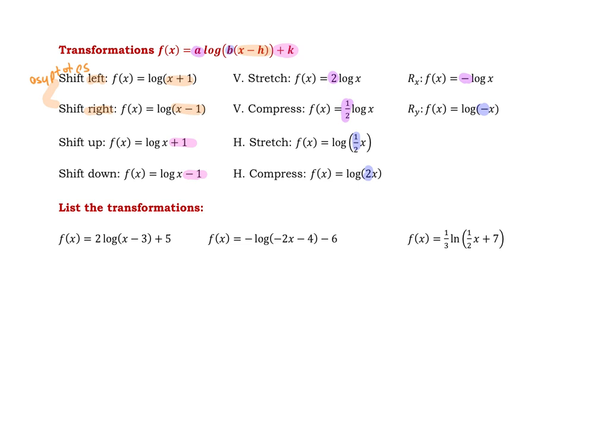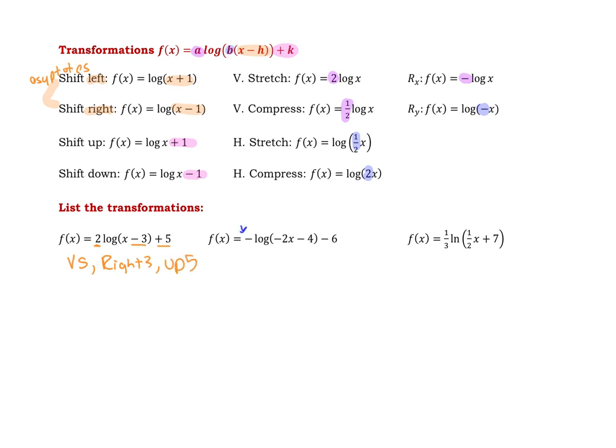Okay, so now let's just put it to use. Let's take a look. This first one, I have a 2 on the outside, so that's a vertical stretch. Then I have a -3 on the inside, so that's right 3, and then outside I'm adding, that's up 5.